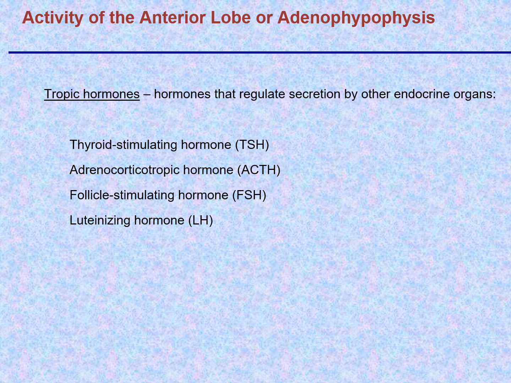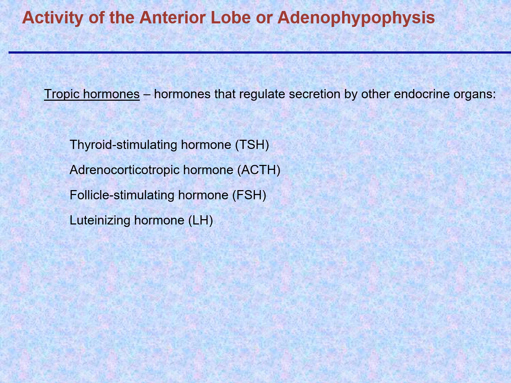Of the 7 hormones that are produced in the anterior lobe, there are 4 which are considered to be tropic hormones. Tropic hormones are hormones that regulate secretion of hormones by other endocrine glands.